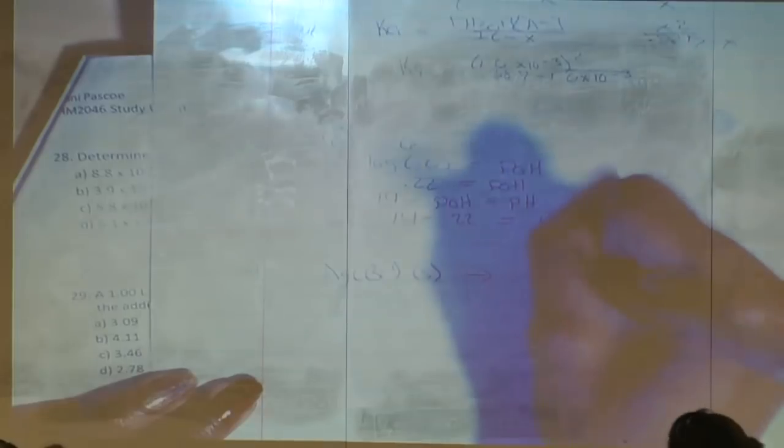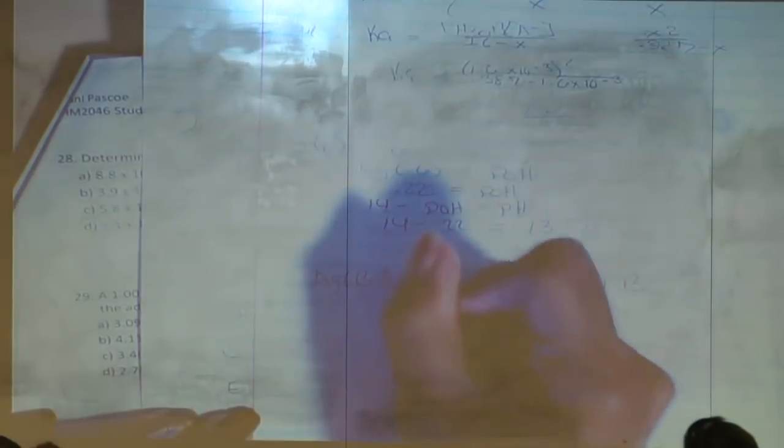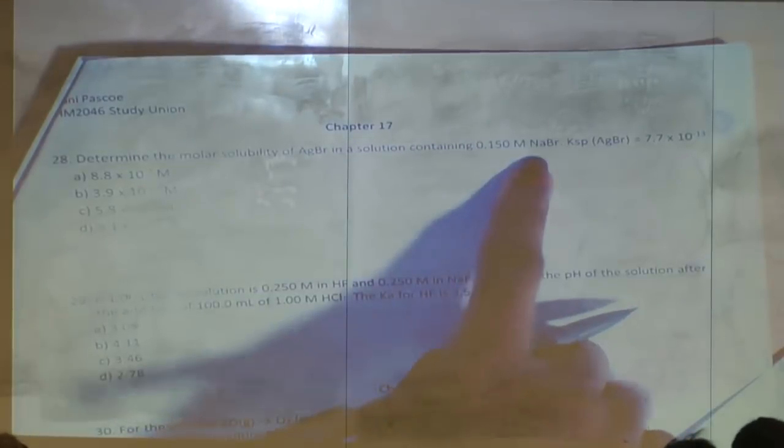It's going to dissociate into Ag plus and Br minus. So we're going to do basically an ice table. We're not going to focus on the solid portion because the solid doesn't matter in the K expression. Initially, there is 0 of Ag, but there's 0.15 of Br because it's already 0.15 M NaBr.